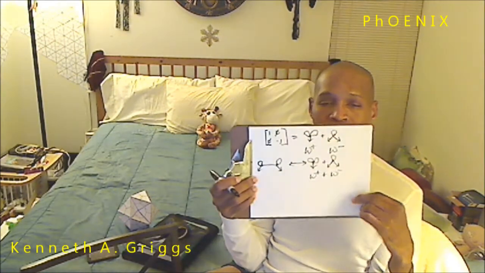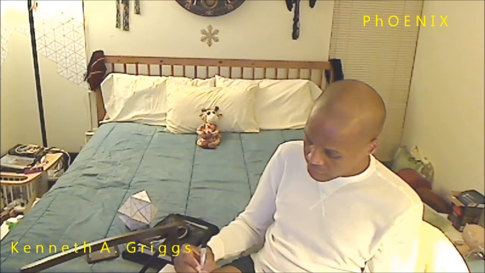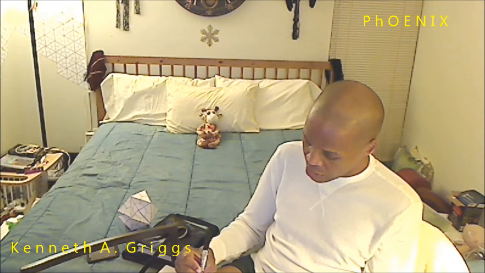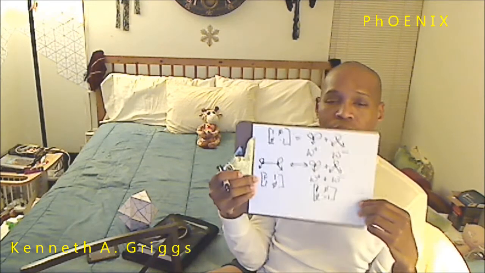Right? That's what we were able to show. That structure there was the matrix 0, 1, 1, 0. And the new structure is the matrix 1, 0, 0, minus 1. That's what I'm trying to say.